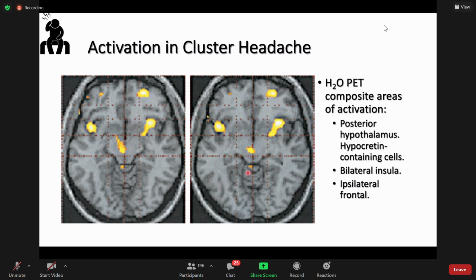It is in the posterior hypothalamus. Once it is started, it also has activity in the insula and activity in the frontal cortex, but the first generator, as it was decided by oxygen-labeled water PET scanning, and these are the composite areas of activation: posterior hypothalamus, bilateral insula, and ipsilateral frontal cortex.